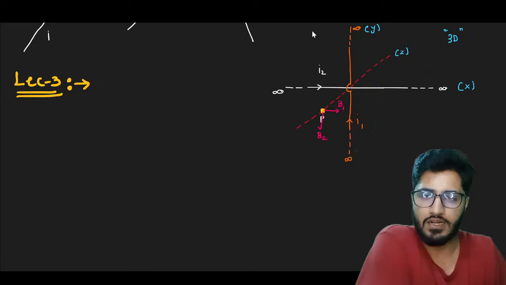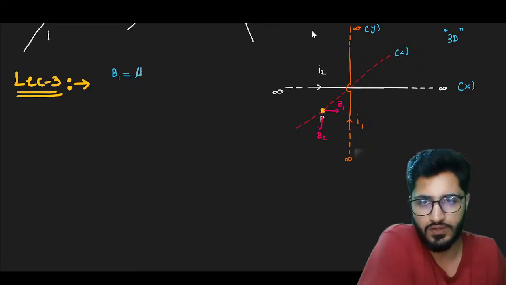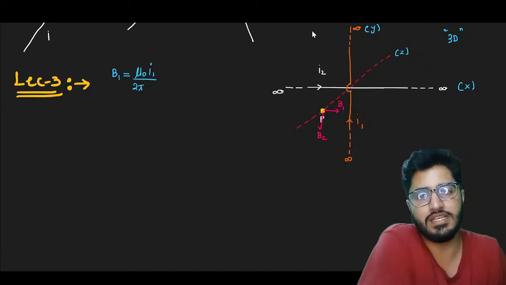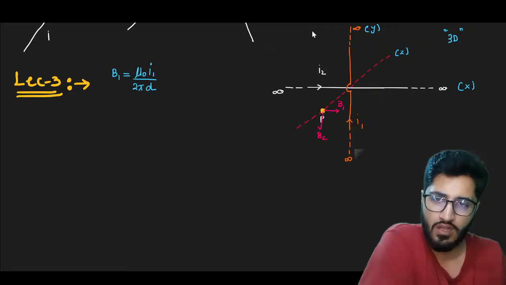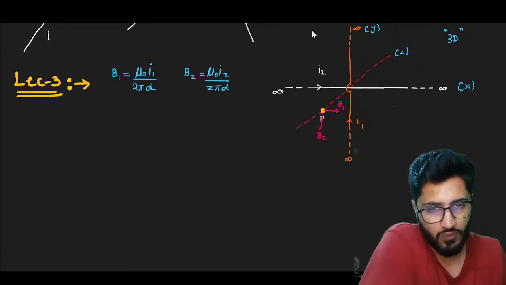Now I will write B1. These are infinite wires, so B1 is mu naught I1 divided by 2 pi D, where D is the distance. What is B2? B2 is mu naught I2 divided by 2 pi D. These are two vectors: one vector is in this way, one vector in this way.